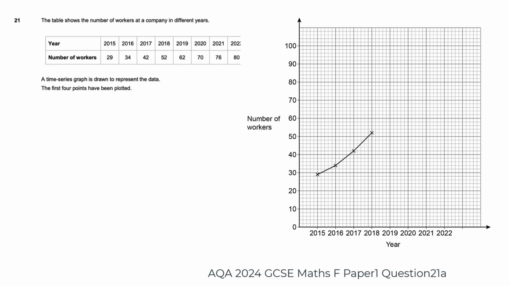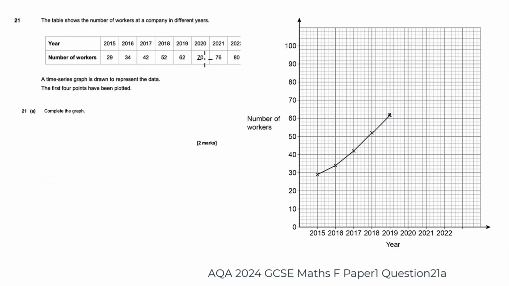Now, in part A, we're asked to complete the graph. So we've reached 52. We're moving on to 2019 with 62. So we go up this heavy line here to 60, 1 square above that. That's where our cross would go. And then, of course, we must join these 2 points up. So get your ruler going and join them up.